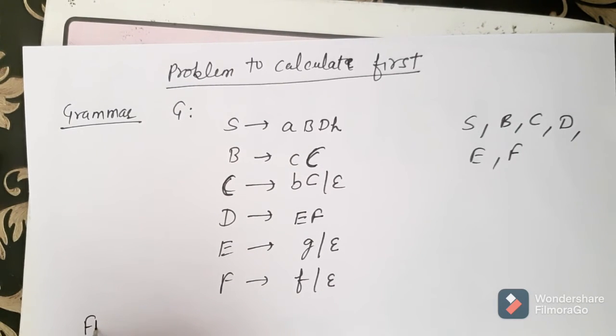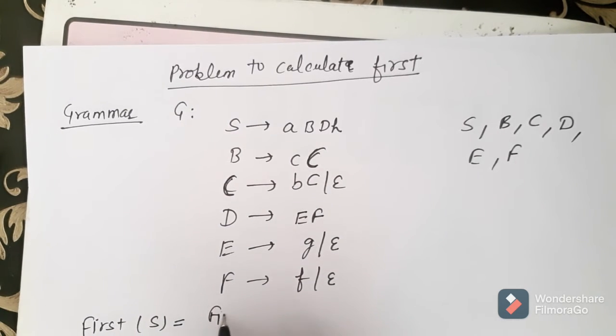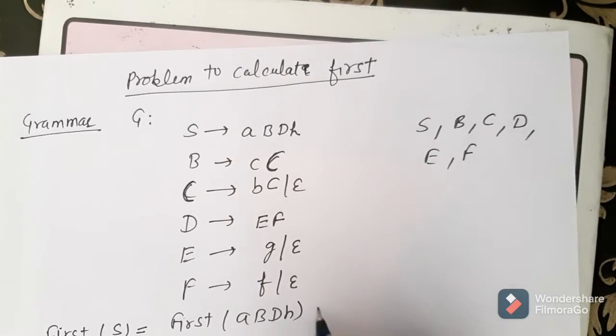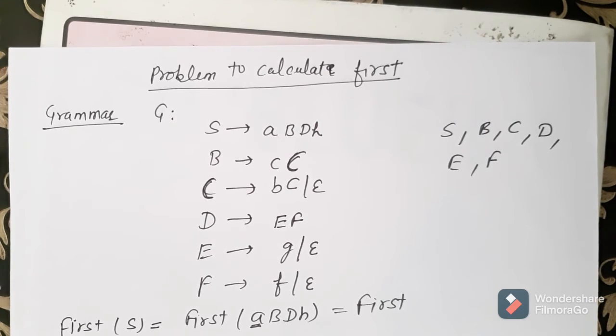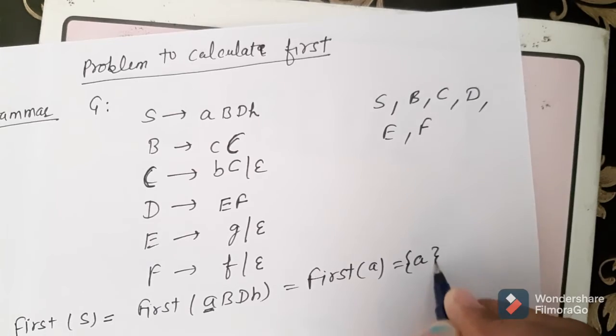First I will start with first of S. First of S is first of A, B, D, H, which is a terminal symbol. So here I will apply rule 2. According to rule 2, this is a terminal symbol, so I will write it directly.